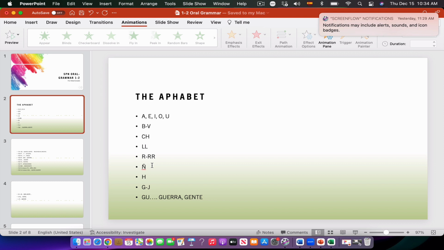In other situations, especially when there is a U, for example guerra, which is a war, the U basically makes the G soft. So you have guerra, you see the U right there. But when you see gente, for example, that doesn't have the U, the G is going to be very strong. Gente, guerra. So that's a big difference also.